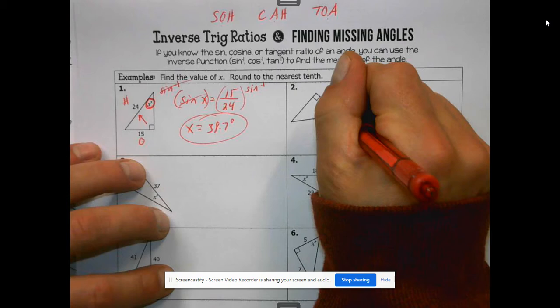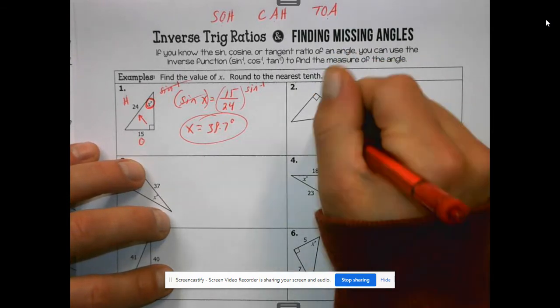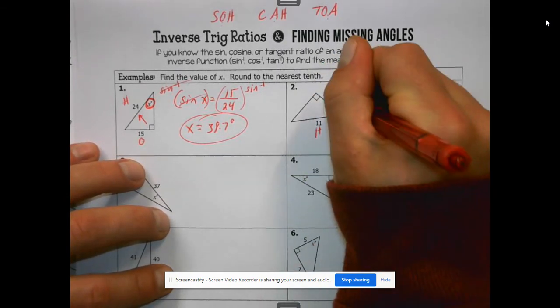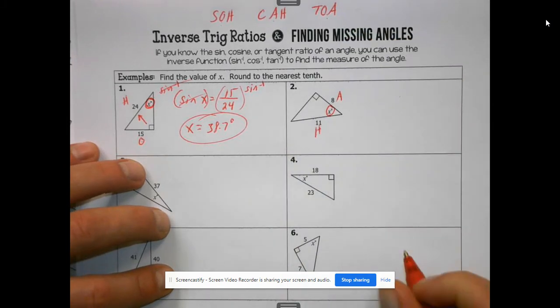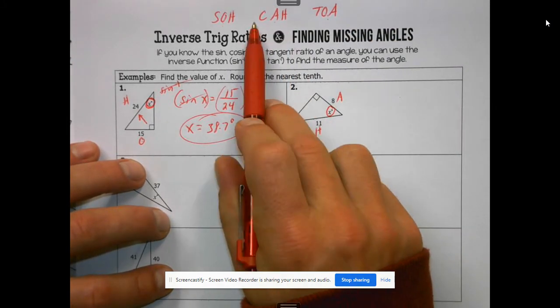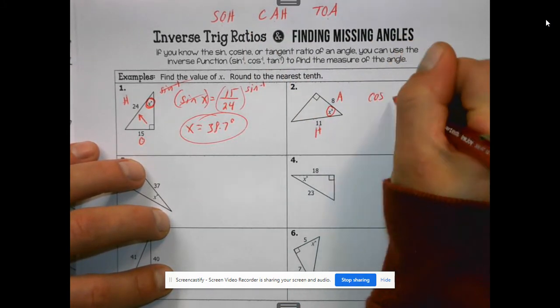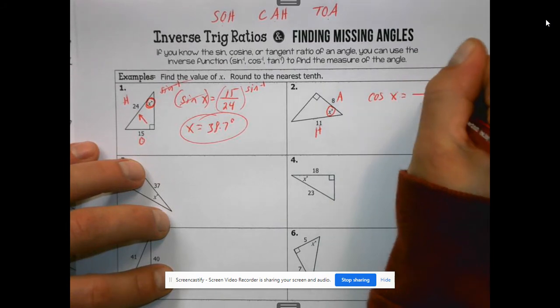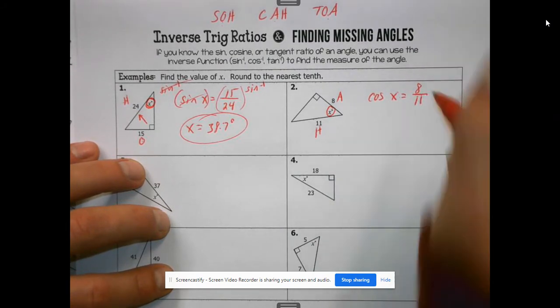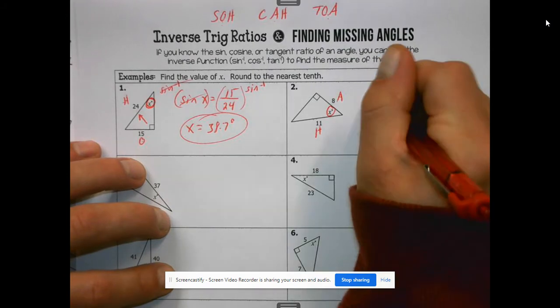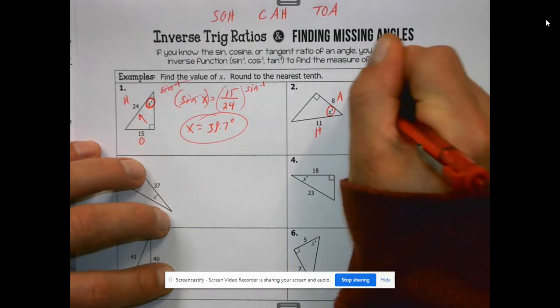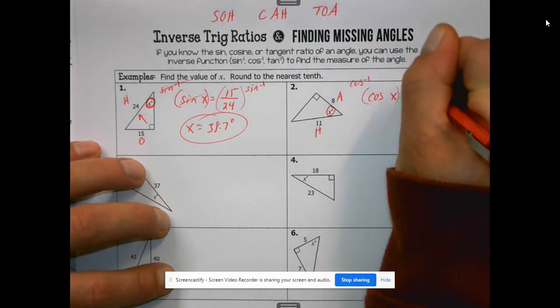Number 2, circle the angle you're working from. Label the pieces. 11's the hypotenuse. 8's the leg touching you, it's adjacent. A and the H, we use cosine. Cosine of angle X equals adjacent 8 over hypotenuse 11. Multiply both sides by the inverse of the trig function. In this case, it's cosine.